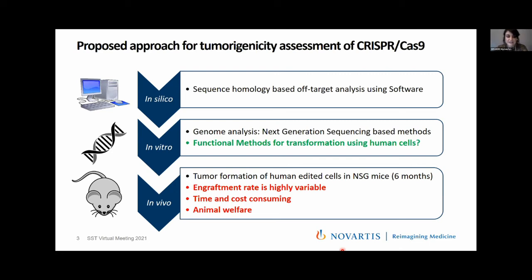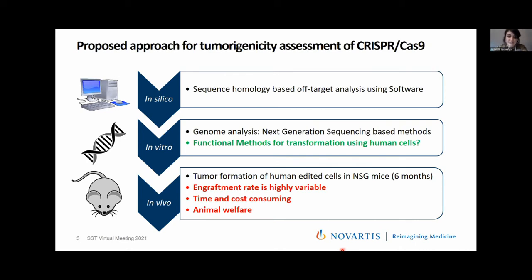And to assess these functional consequences, commonly there are in vivo tumorigenicity studies performed. And for these in vivo tumorigenicity studies, the human edited cells are injected in immunocompromised mice, where they are observed for tumor formation for at least 6 months.